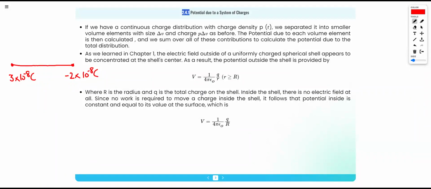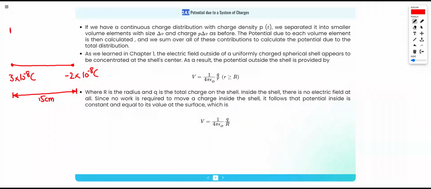These two charges are separated by a distance of 15 centimeter.